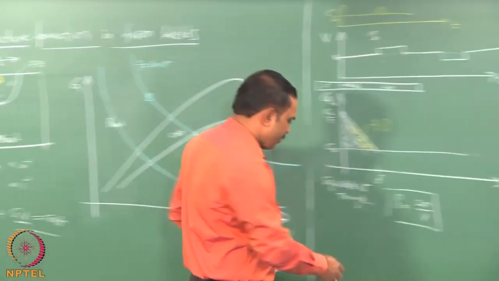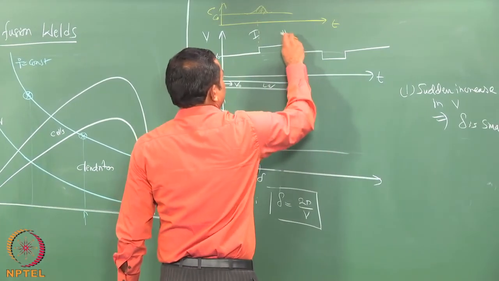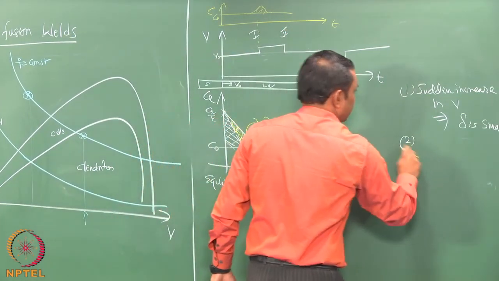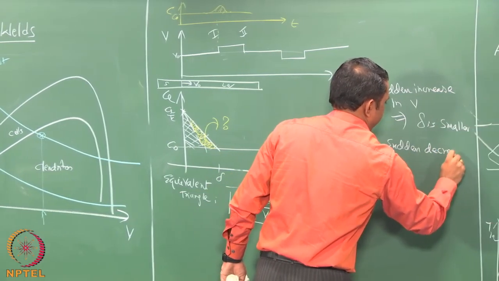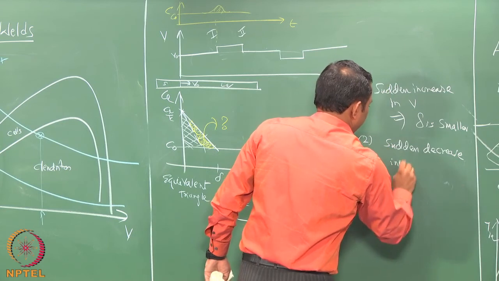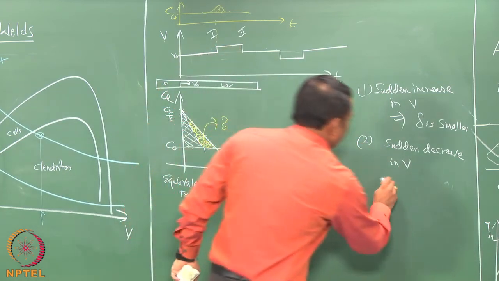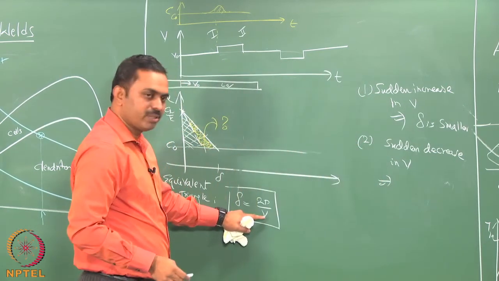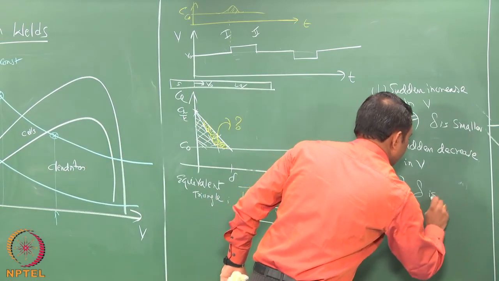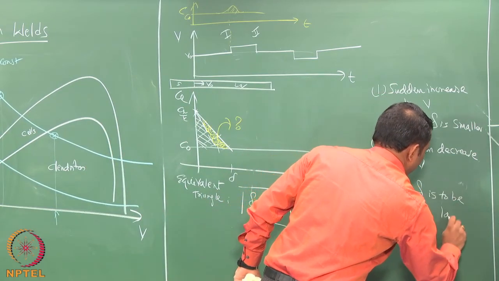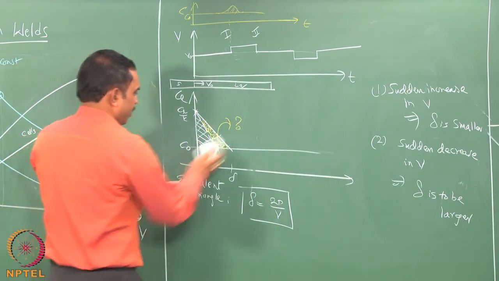The same analogy can be used to know what will happen when you suddenly decrease V at this point. When it is at a steady state and then comes down to a lower value, it implies that V is now suddenly decreased, which means the delta has to be increased. If the delta is to be larger, it implies as follows.